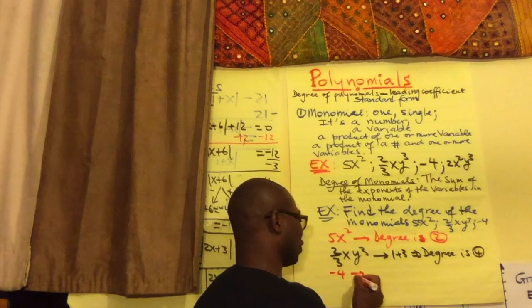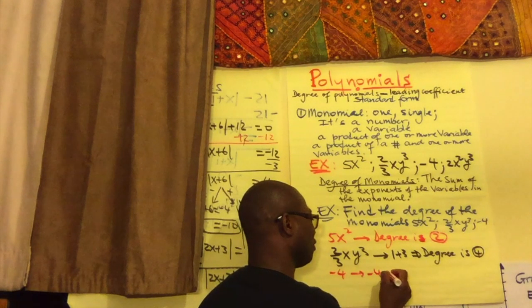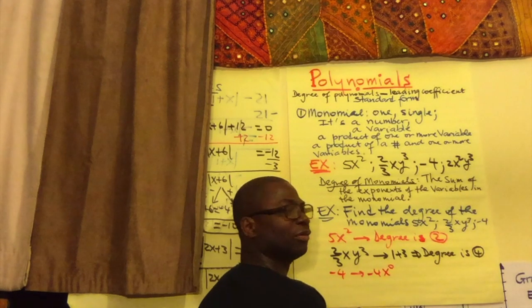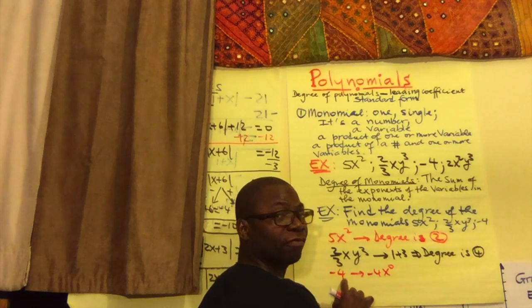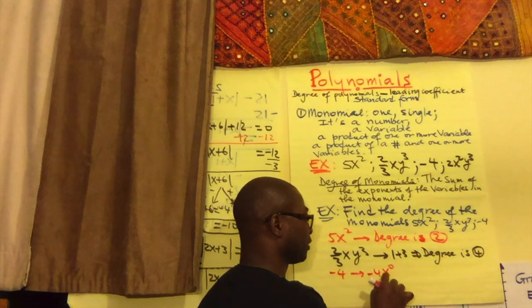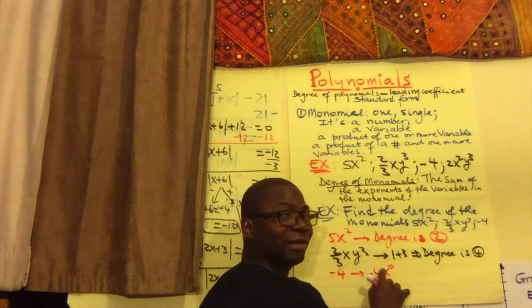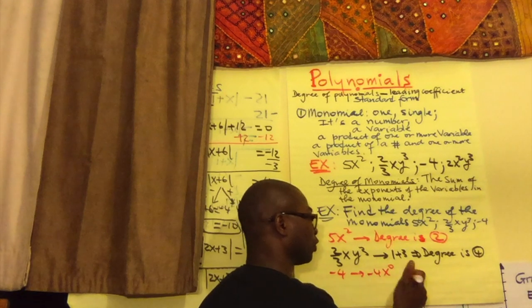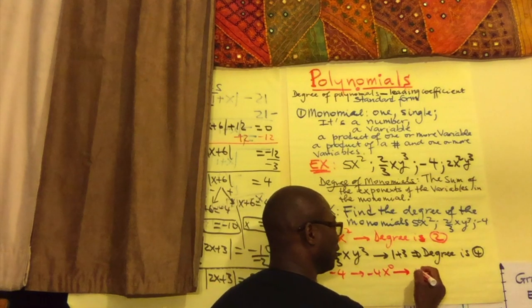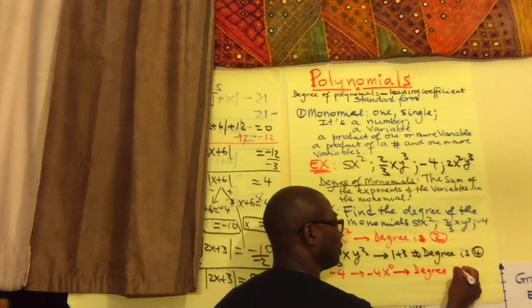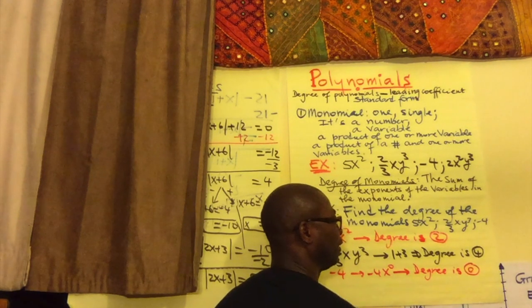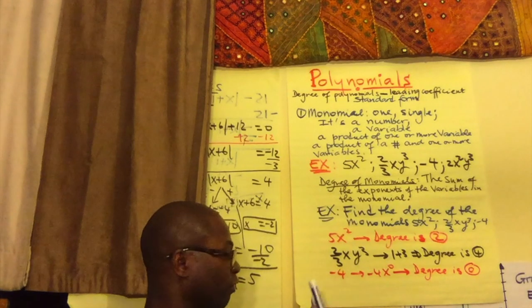So if there's nothing in front of the constant, that means it has a variable with exponent 0. So 0 is the degree.